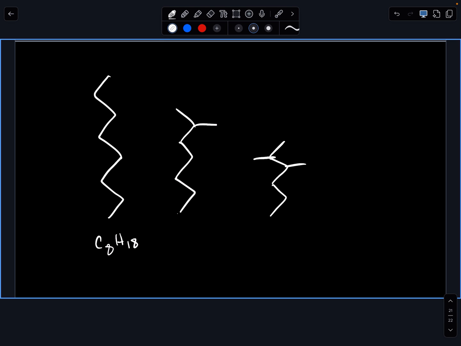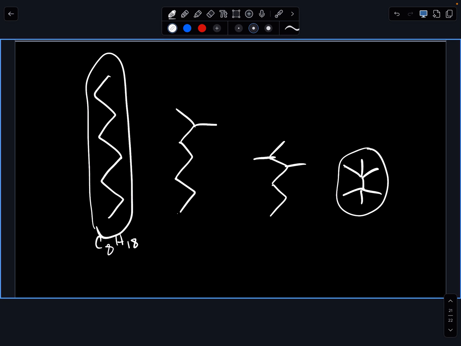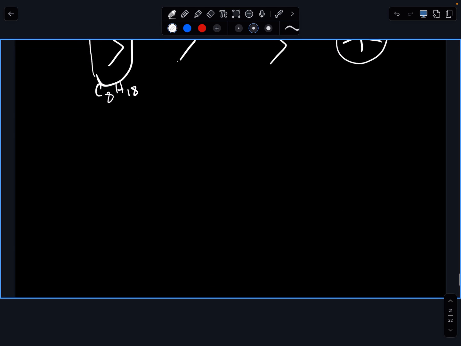And the lowest that you could make would be this. It's all branches. This is like a ball, and this is like a hot dog, right? So the longer and skinnier it is, the more surface area, high BP, low BP. Now, the difference might be 10 degrees Celsius. It's not going to be dramatically different, but definitely it goes down a bit as you make them more compact.